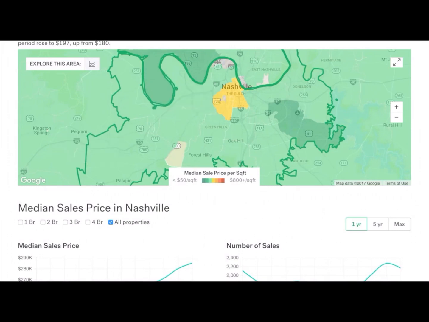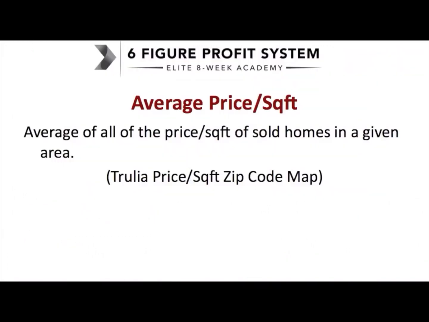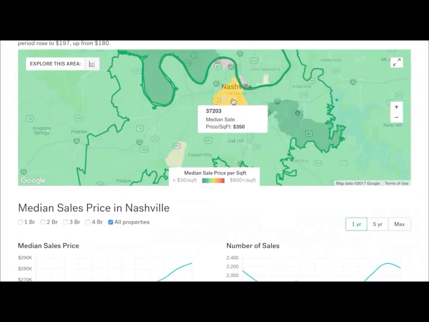So that's really important because it tells us what the values are of properties we may be looking at, and it gives us a breakdown of how the market's changed. So look at this one right here. Zip code 37203 has a median sale price of $350 a foot.